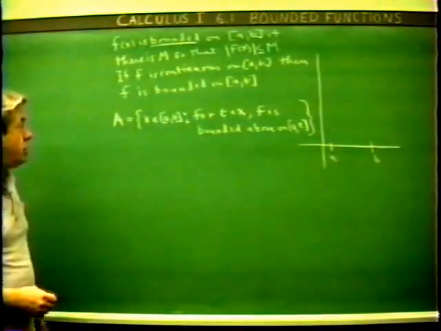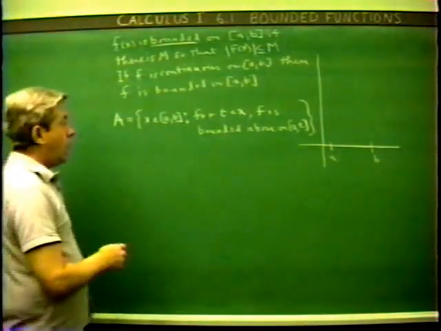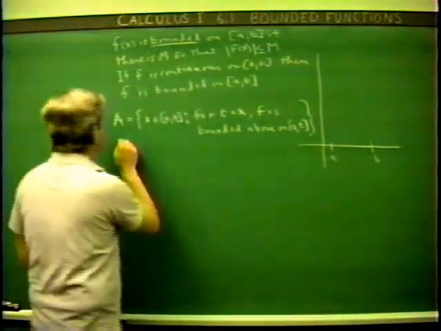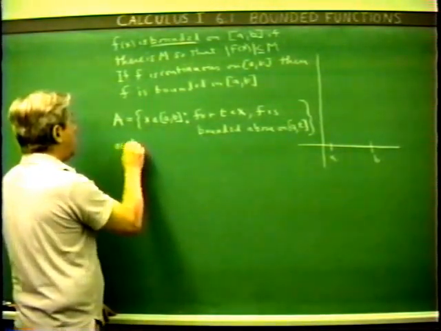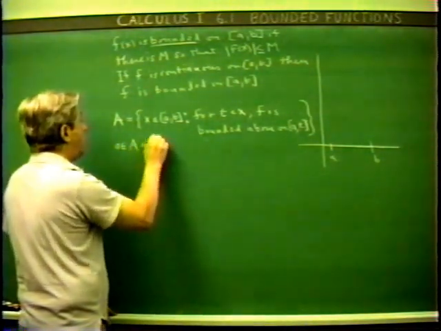The first thing that we want to do here is to show that this set is not empty. That's because a belongs to A. Since a belongs to A, it is not empty.